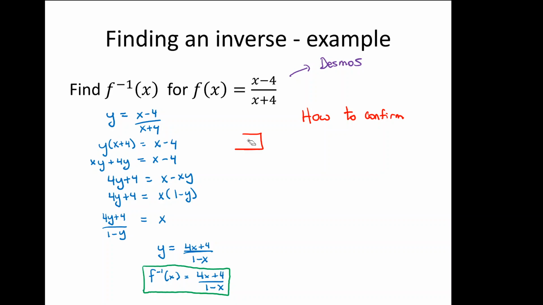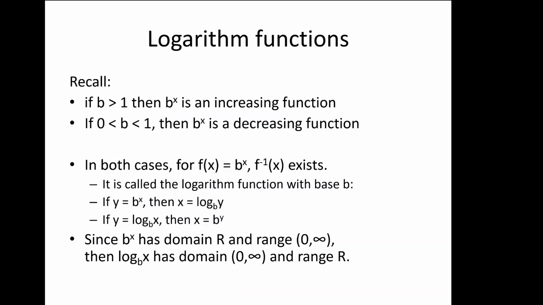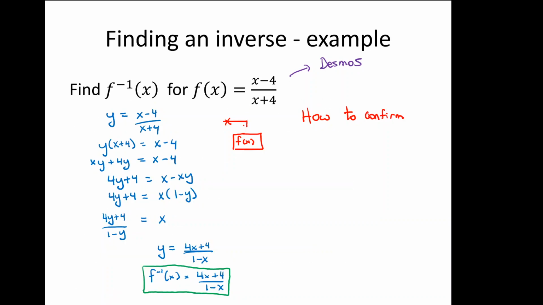It doesn't matter which order you do this in, but I'm going to pick an order because you have to pick something. So we take an x value, we plug that x value into f of x, and I'm going to take that output and plug that into f inverse of x. And what has to come out, if this is done properly, is x, the original input.